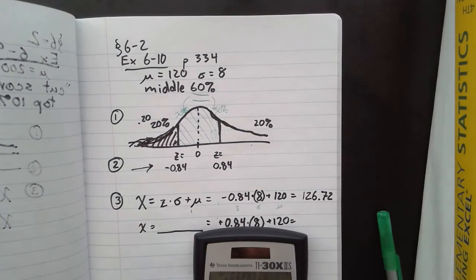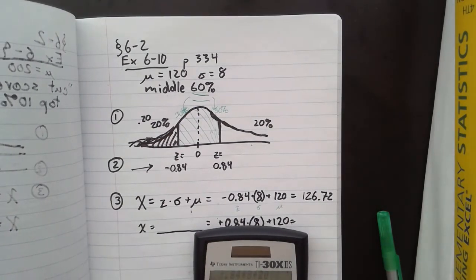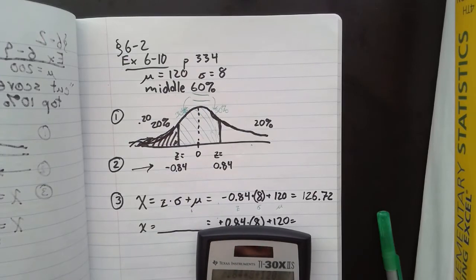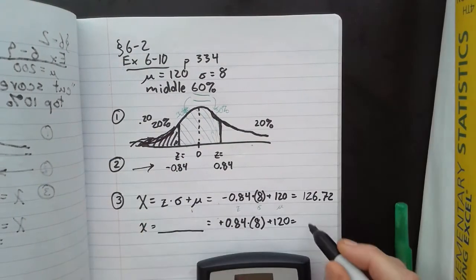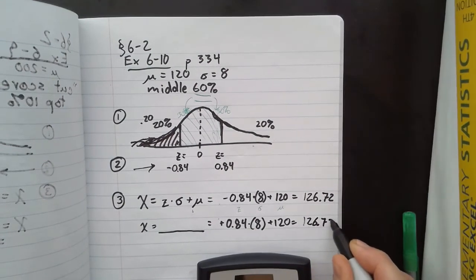Let's see, what did I do? I did negative 0.84 times 8 plus 120 equals, whoops, I wrote that one in the wrong spot, okay?